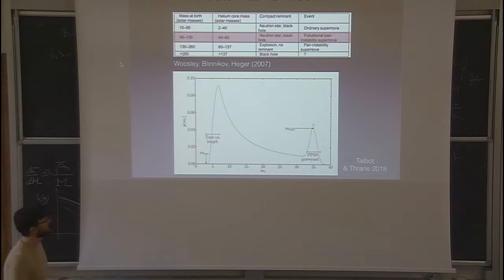So the fact that most LIGO objects have masses on this order of magnitude might be due to this pair instability, or actually to stars that are about to become pair unstable, but somehow manage to produce a black hole.